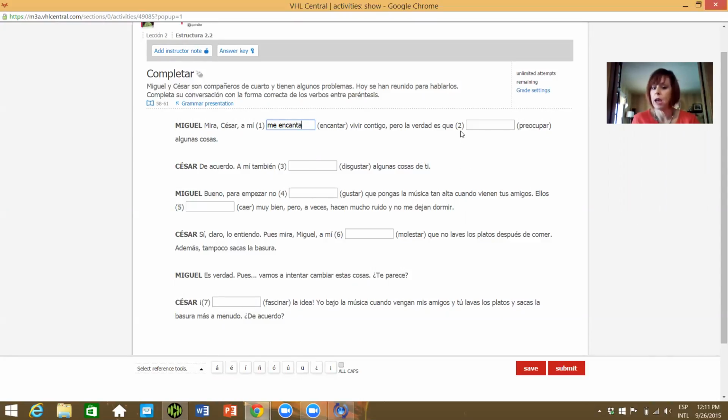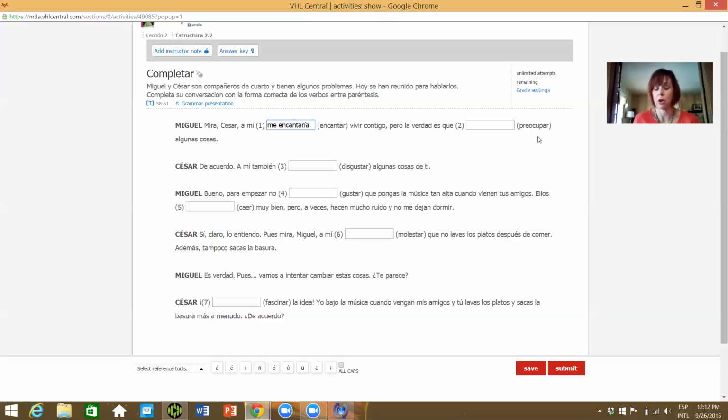Preocupar, to worry. Now here, I don't have an a mí or a ti or an él. So in these cases, you need to look at the context of the whole sentence. Here we're talking about, look, Caesar, I would love to go with you. But the truth is that some things worry.